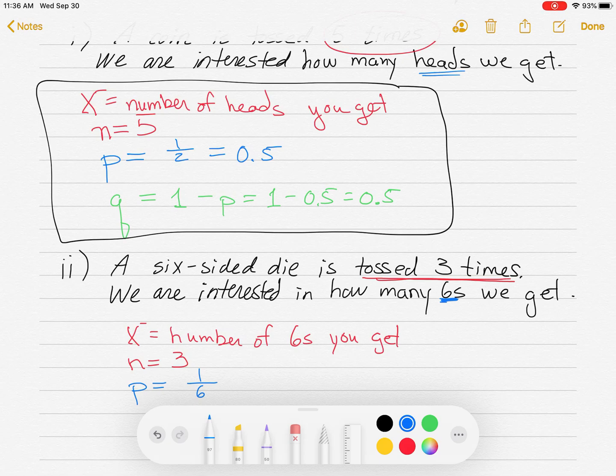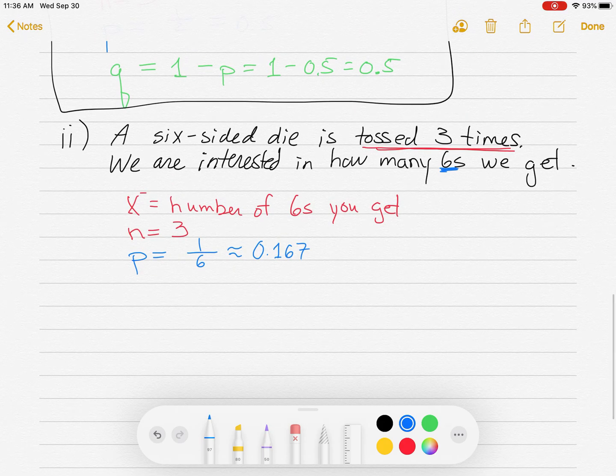Is that right? Yeah, something like that. Let me do it on my calculator. 1 divided by 6. It's about 0.167, roughly.